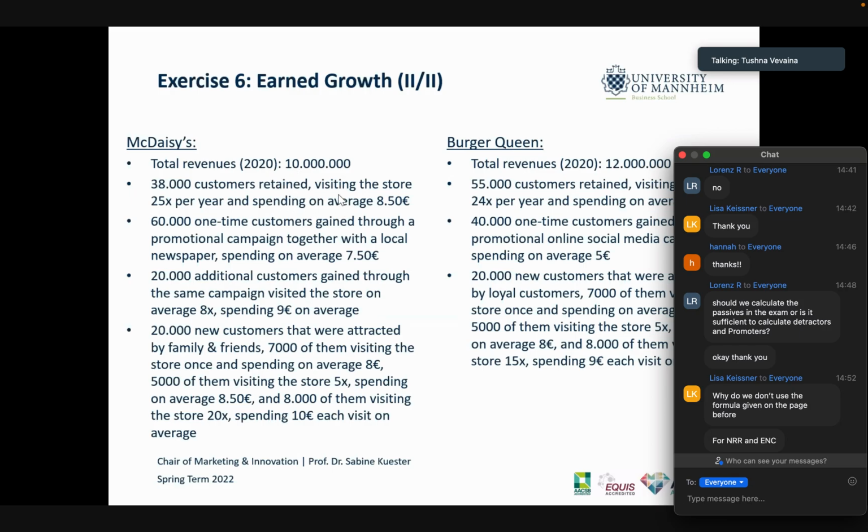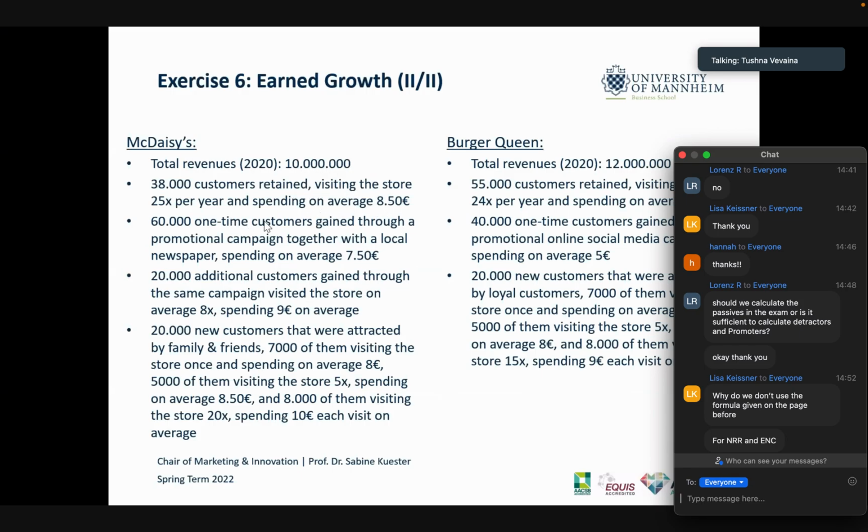Retained is given very directly here, which would be your old retained customers, forming your NRR. So how we calculate this is 38,000 into 25, because each of these customers is visiting approximately 25 times a year and spending on average 8.5. So 38,000 into 25 into 8.5 would give you your revenue from retained customers.